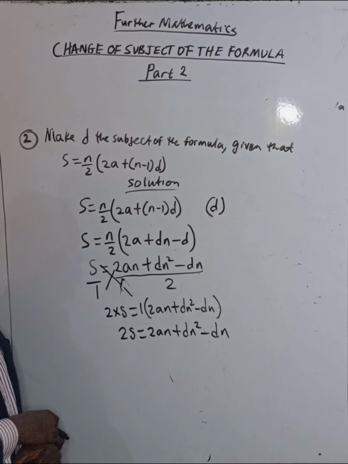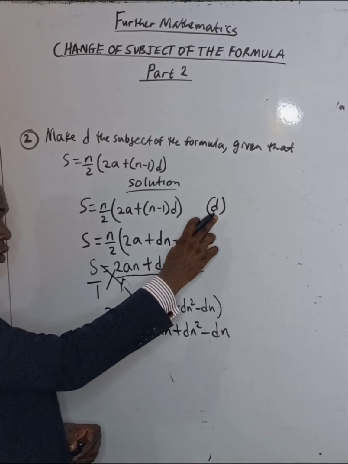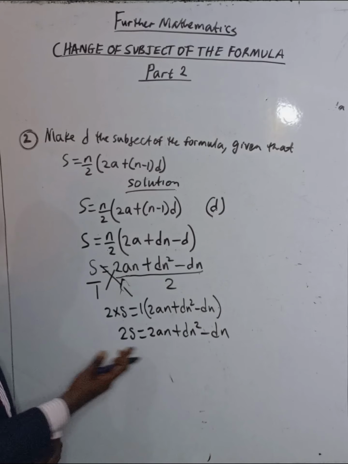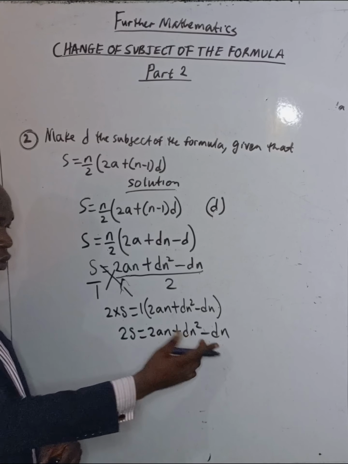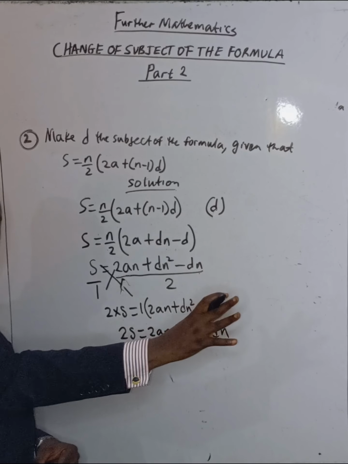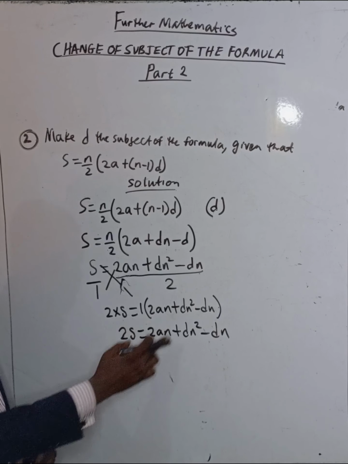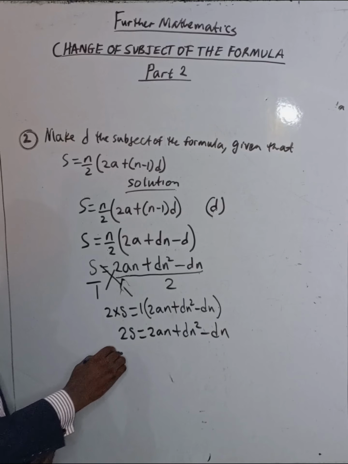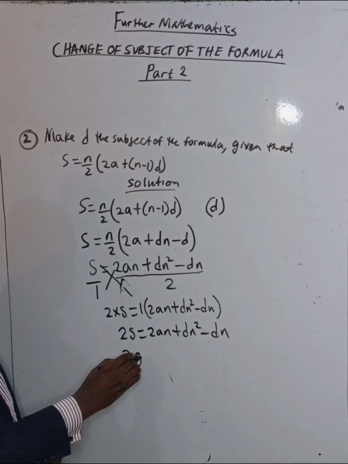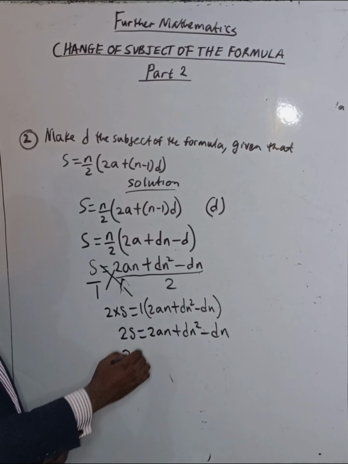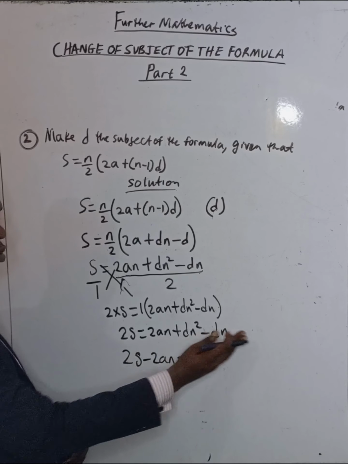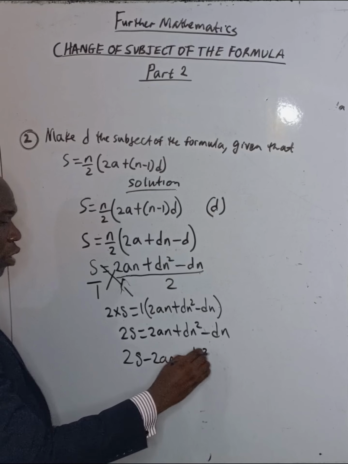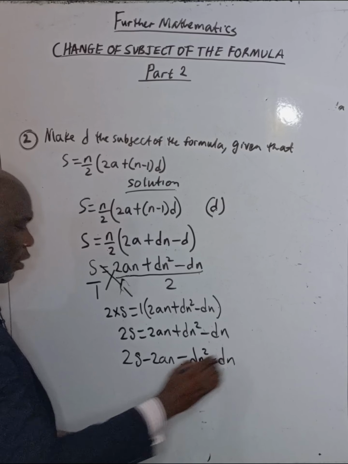Don't forget that you want to make D the subject of the formula. When we look at this expression, D is here and here. So let's try to make D to be in a separate place. We transfer this 2an to this side. So you have 2s, this plus 2an becomes minus 2an equal to dn squared minus dn.